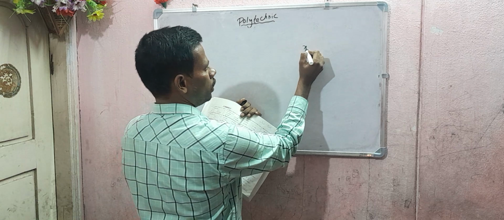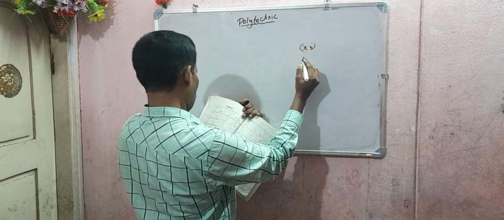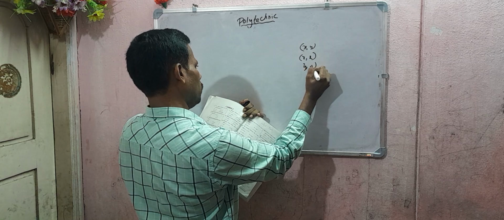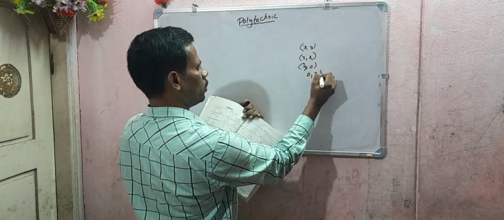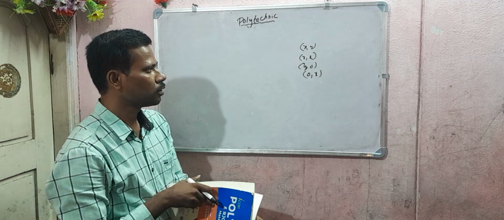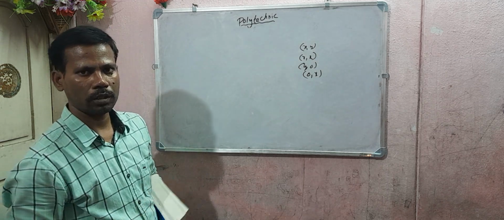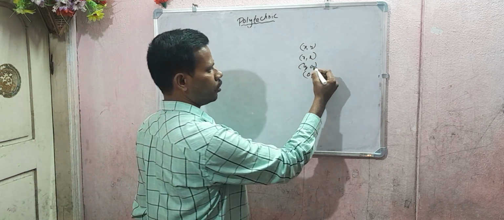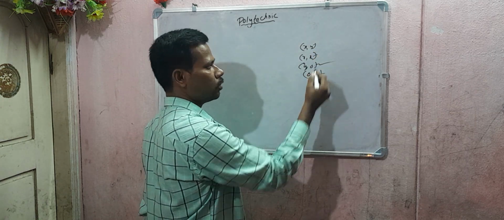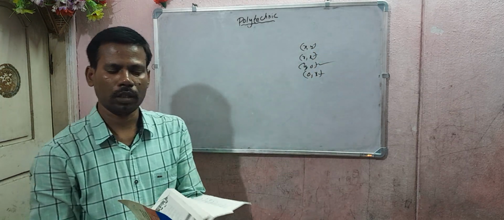The options are given: x, y; 0, y; 0, 0; x, x; y, 0; 0, x. Already I have discussed just now. On x-axis y coordinate is 0, so you see this one, simply take this one, remaining all is ruled out, so that's it.